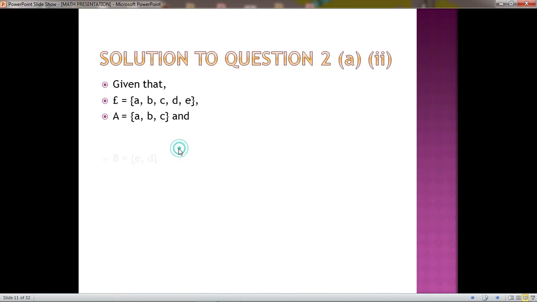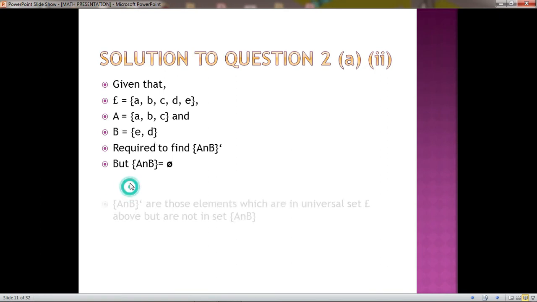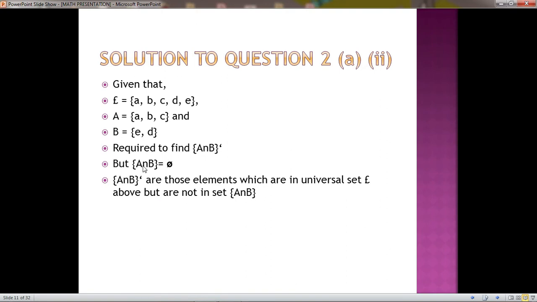We are given the same sets and we are required to find A intersection B complement. A intersection B is the elements available in both sets A and B. But when you check, there is no such element, so A intersection B is an empty set.